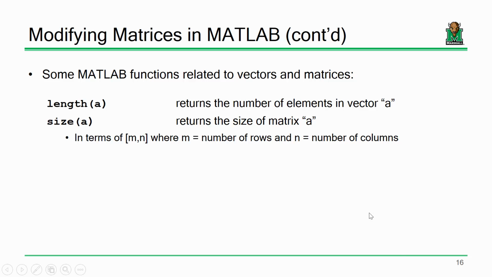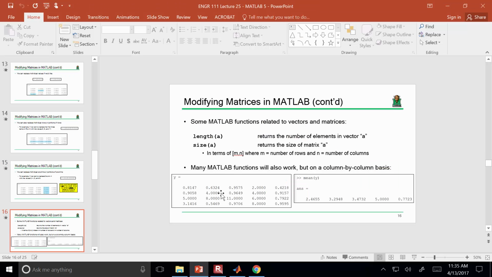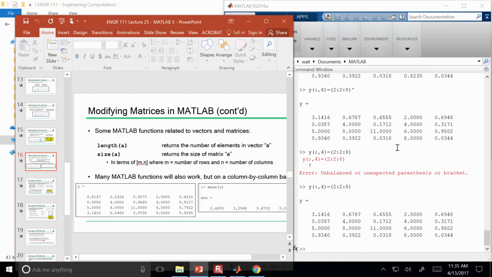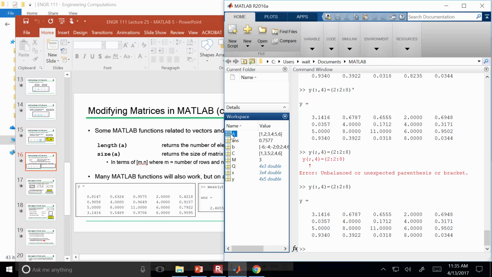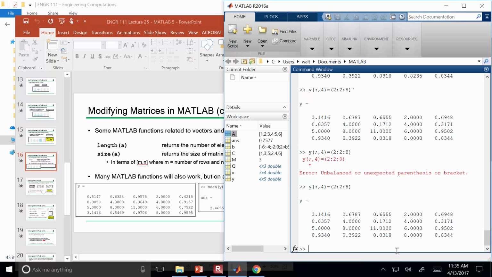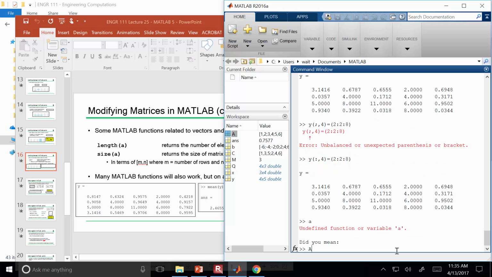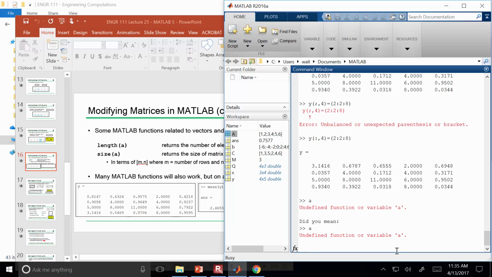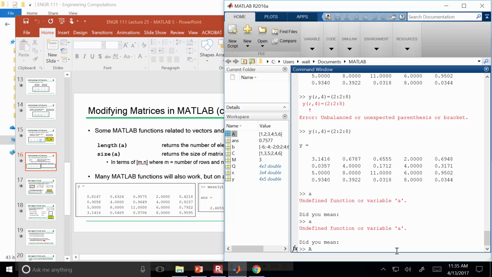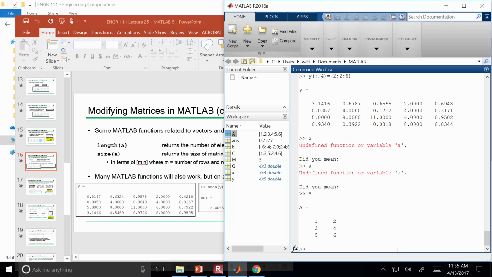It can give you statistics about your matrix. If you want to know the length of the matrix, that'll tell you the number of elements, so the size. Let's try these out. We've got right now A. Let's see, what is A? I have caps lock on. Maybe I've got capital A, but that's it.